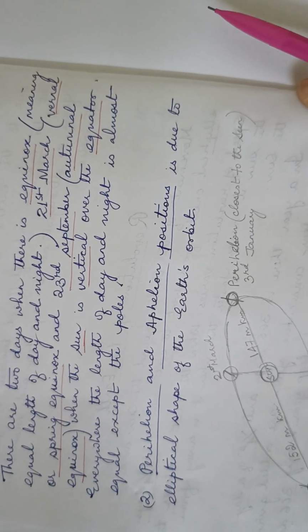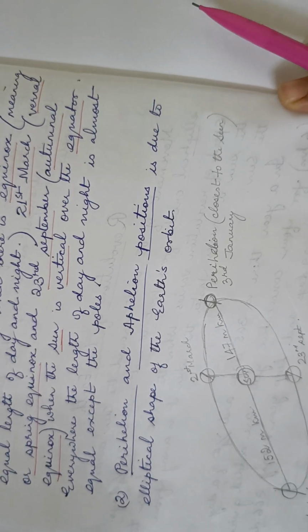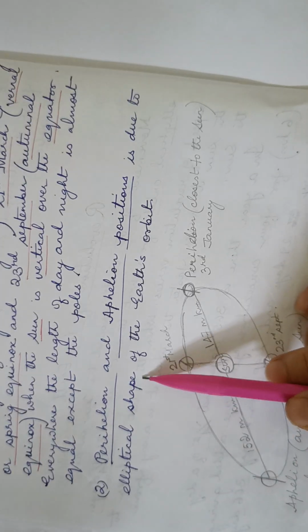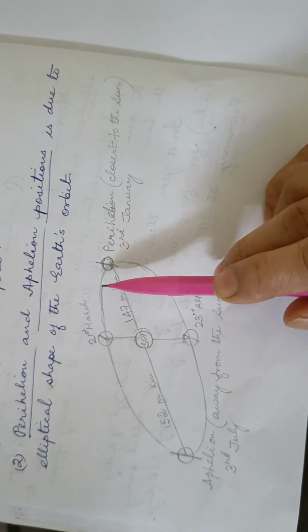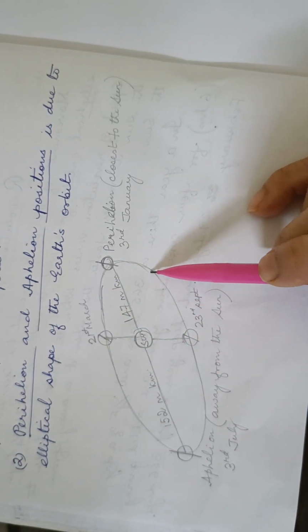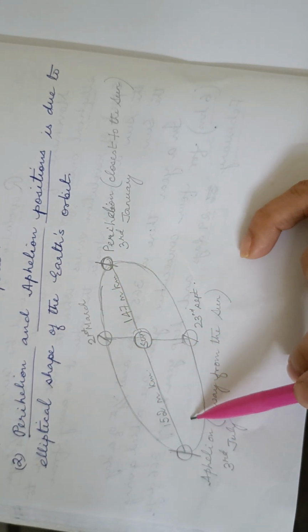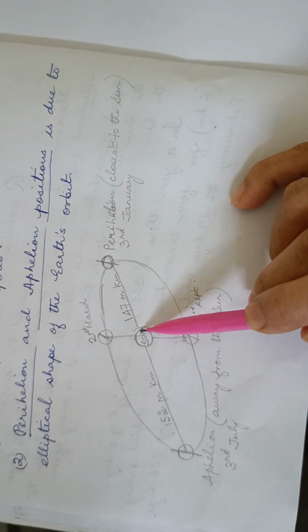Okay. Second effect is perihelion and aphelion position. Now this position is due to the elliptical shape of the Earth's orbit. Now see, this is Earth's orbit. Earth is moving round the sun. This orbit is elliptical in shape. So there are certain positions when Earth is closer to the sun.